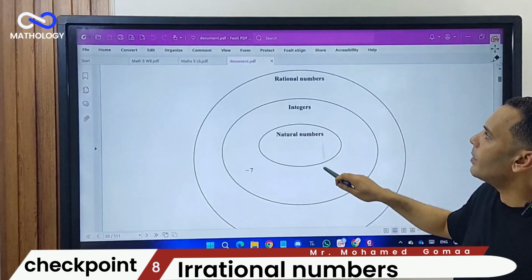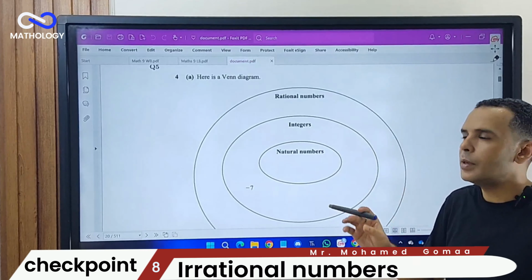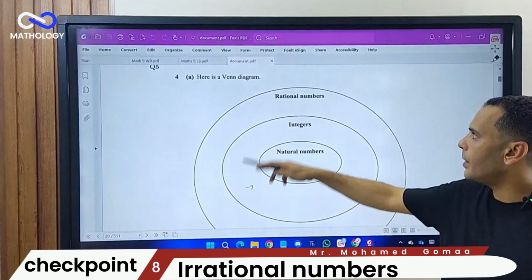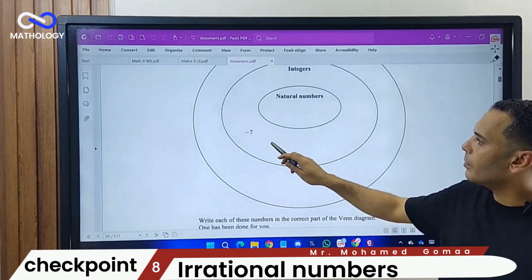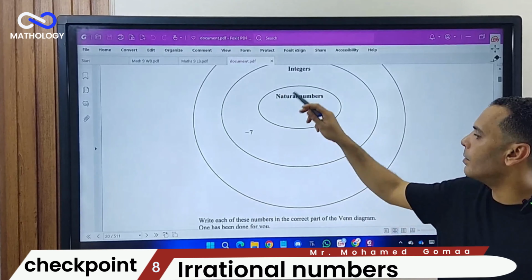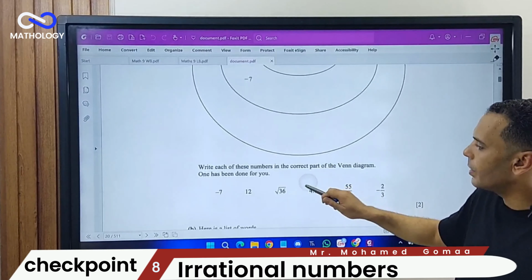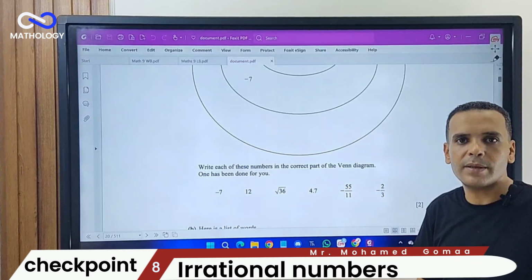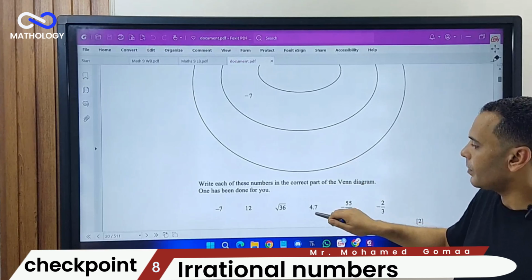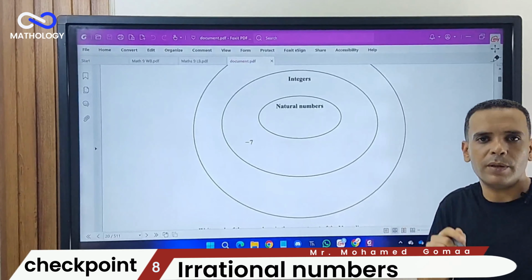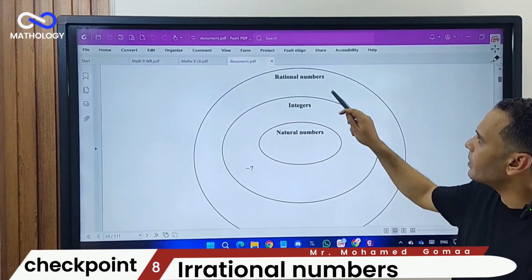The fractions and decimals which aren't whole numbers go in the rational numbers. Negative 7 is negative, so put it in the integers. 12 is positive, so put it in the natural numbers. Square root of 36 equals 6, a positive number, so put it here in the natural numbers. 4.7 is not whole, so put it outside the integers but inside the rational.